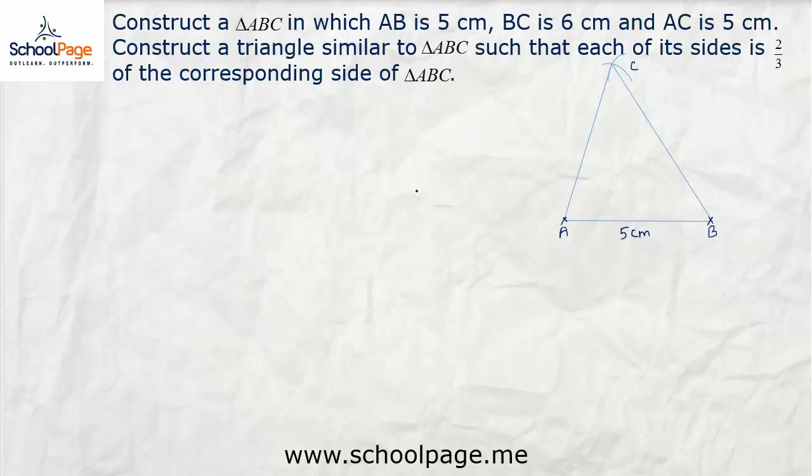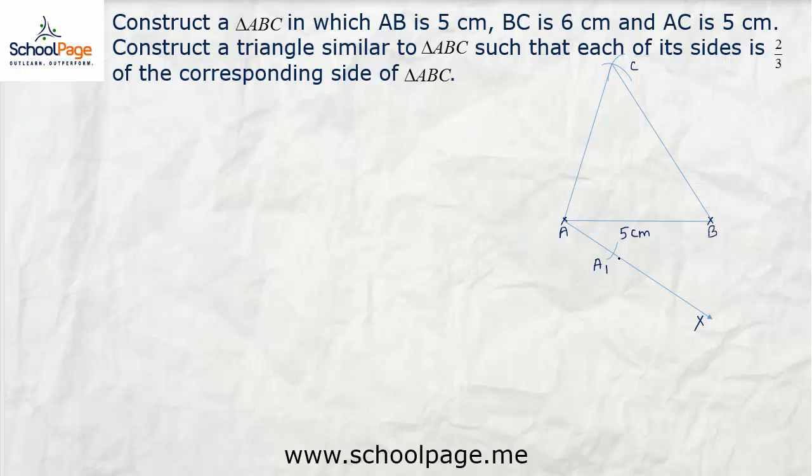Now to draw a triangle similar to ABC with the scale factor 2/3, let us first draw AX, making an acute angle with AB. In the scale factor 2/3, 3 is the greater number, so let us locate 3 points on AX. For this, let us take a small convenient radius and with A as center, cut an arc on AX. Let us mark it as A1.